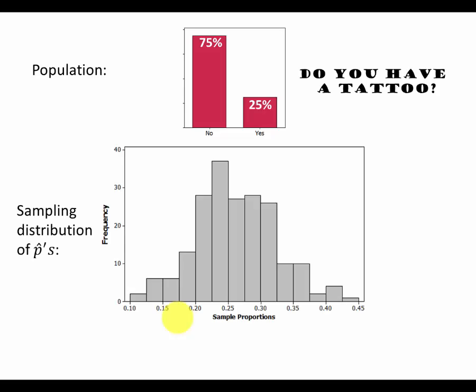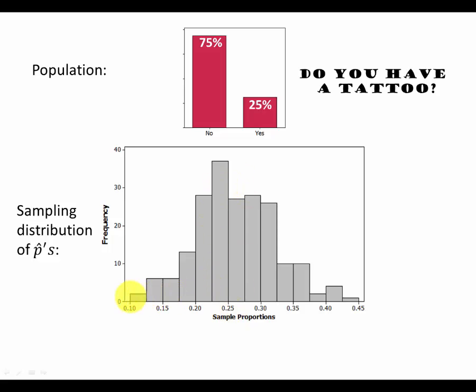How would you describe the shape of that histogram? Clearly it's unimodal. It's somewhat symmetric. It's not perfect, but it's a unimodal, somewhat symmetric distribution. You can see that most of the samples had a sample proportion somewhere around 0.25, our population proportion. So quite a few did that.